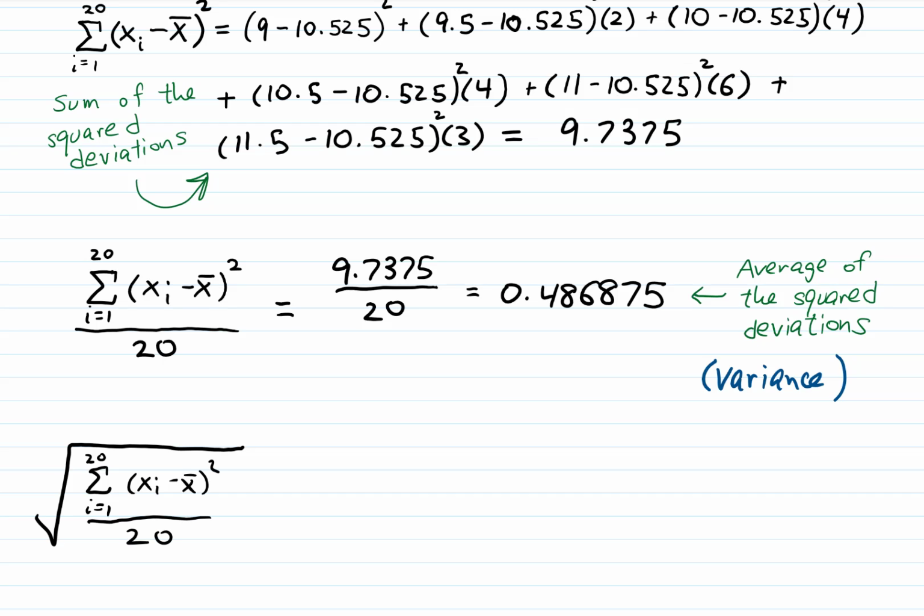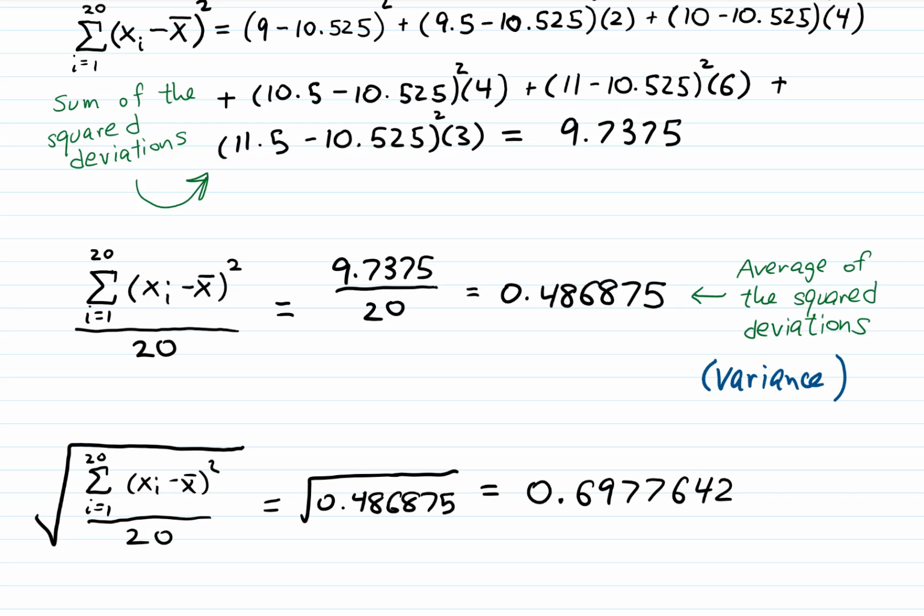So that would be the square root of 0.48685, and that equals 0.69. I'm going to write out a lot of decimal places. Not that you would necessarily need this many, but I'm going to write them down anyways. 0.6977642 86848.